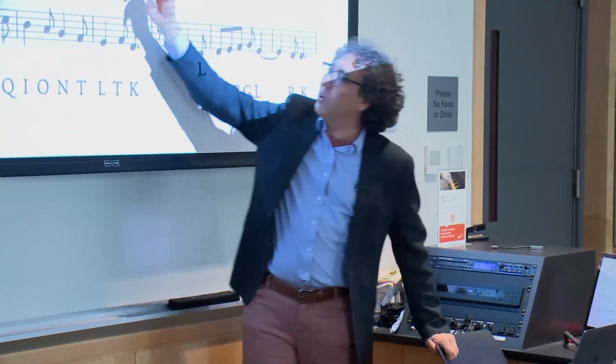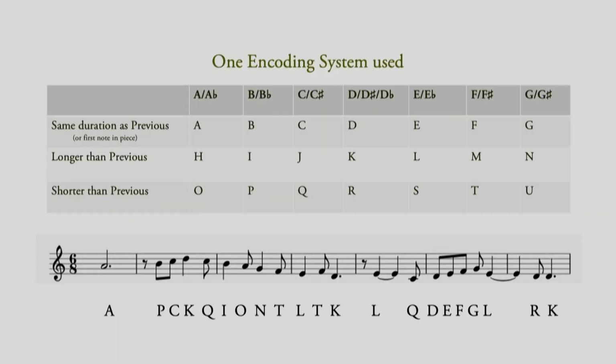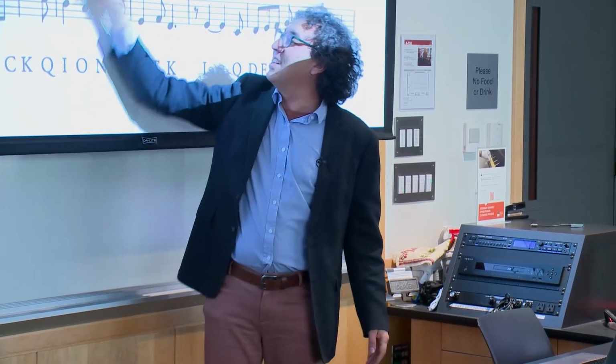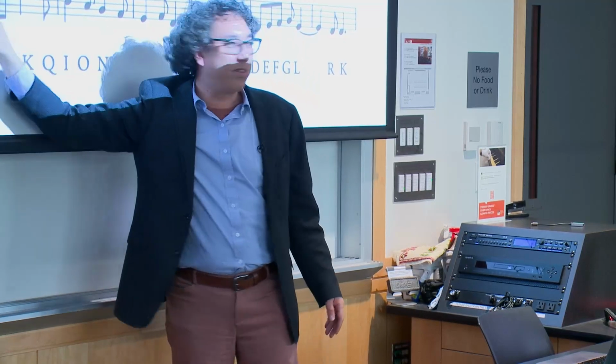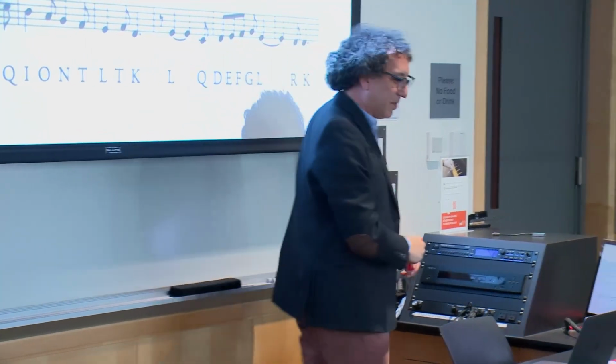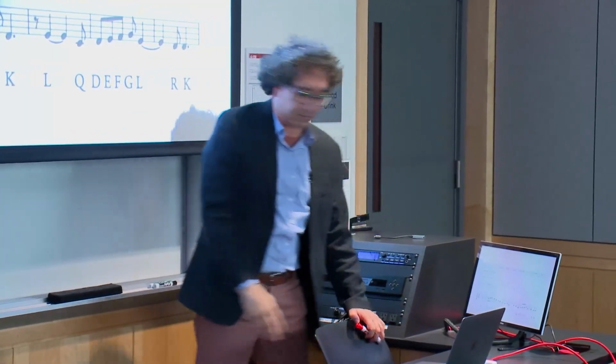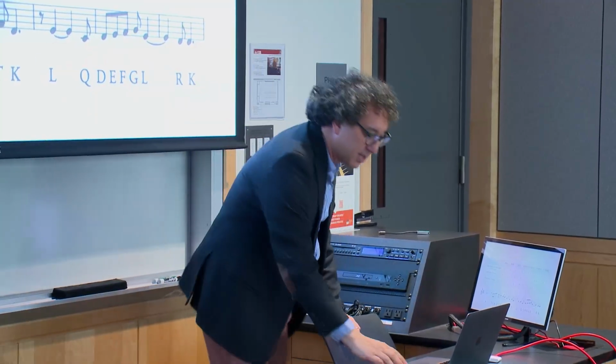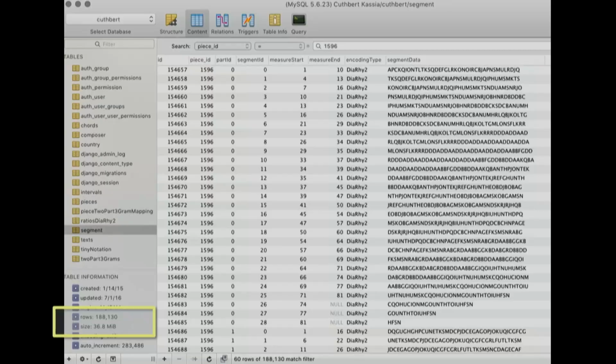And then if the note's longer than the previous note, then we use H through N. And if it's shorter, then it's O through U. So P is a B that is shorter than the previous note. You just go through and put everything in like that. And the first note, I always just assume it's the same. So we take all of these things and put it into a giant database.